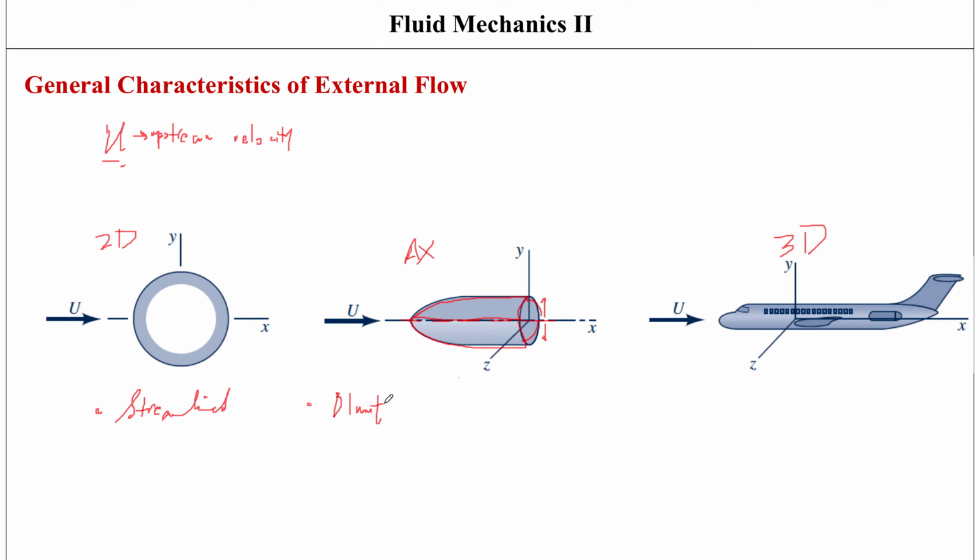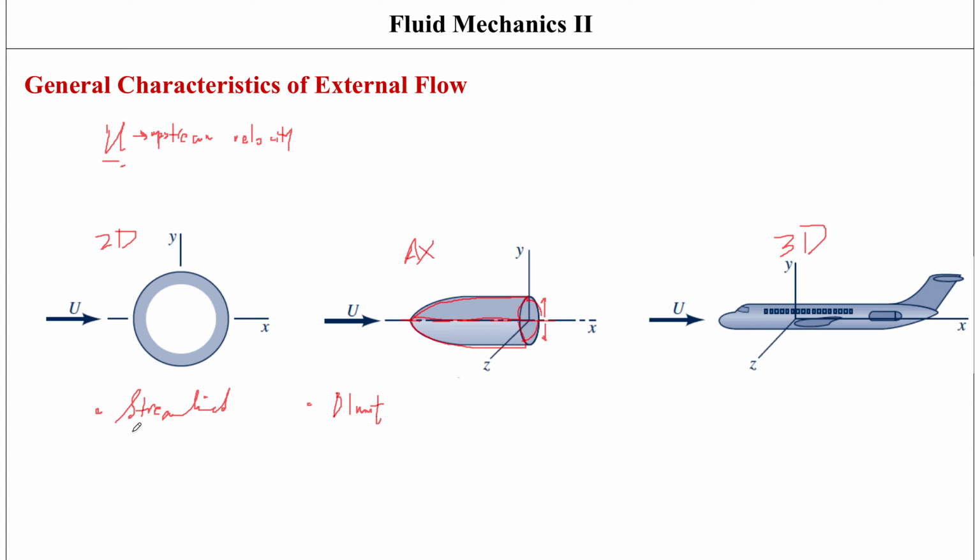Then what are streamlined bodies? Streamlined bodies are the kind of bodies that have very little effect on the surrounding fluids, like airfoils or racing cars, because obviously we want as little friction, let's call it friction for now, as possible for racing cars, right? So those bodies have to be extremely streamlined.